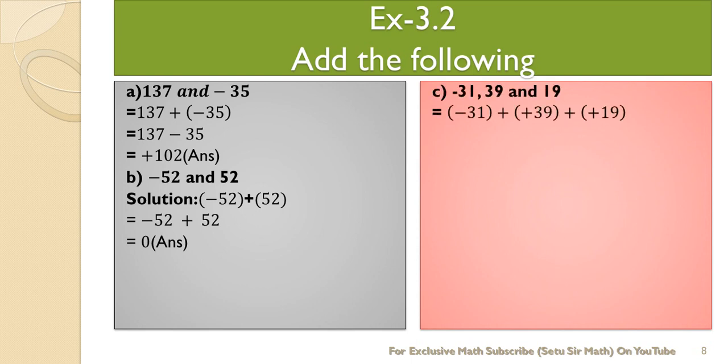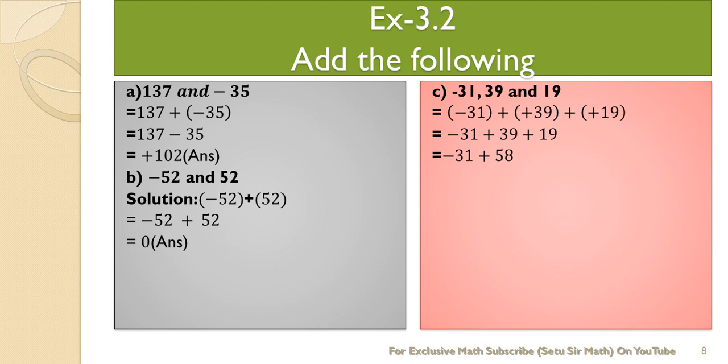As you can see, number C, minus 31 plus 39 plus 19, the rules of multiplication of sign. Minus 31 plus 39 and plus 19, that would be plus and plus, that would be plus. So 39 and 19, that would be 58, and the sign will be the bigger number's sign, and the bigger number is 39, and the sign will be plus.